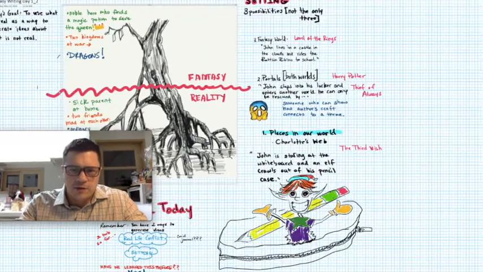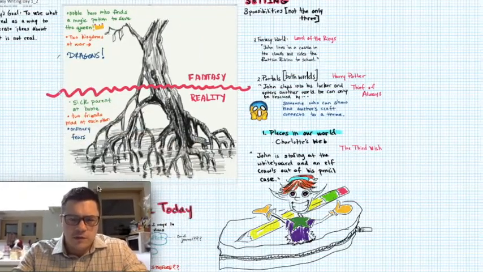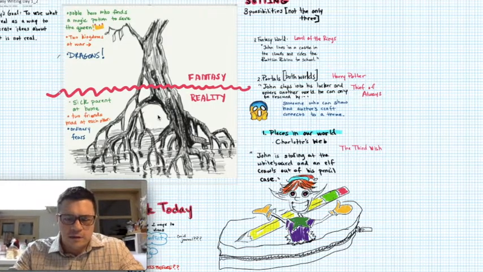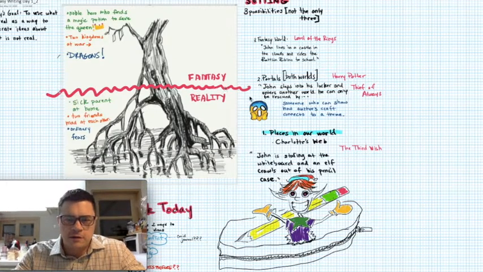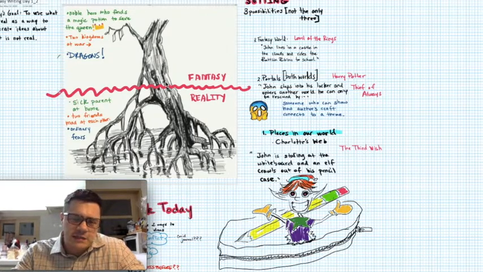It's not the greatest tree in the world, but I want you to see the roots here. Then I have this line across the middle, and below it is reality, the real world, and above it is the fantasy world that our story might take place in.